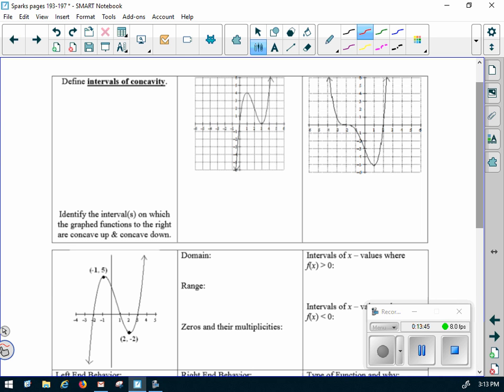Let's look at this one because we found the points of inflection on this one, didn't we? We had a point of inflection right there at -2, 0. And we had a point of inflection, was it -1/2, -5/2?